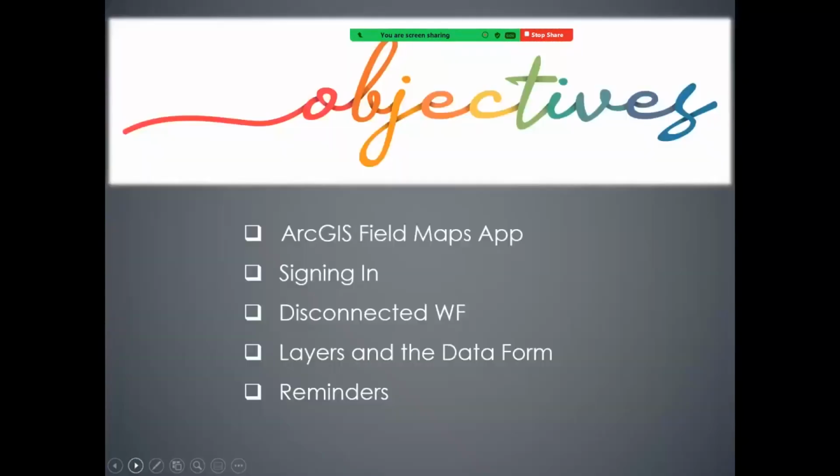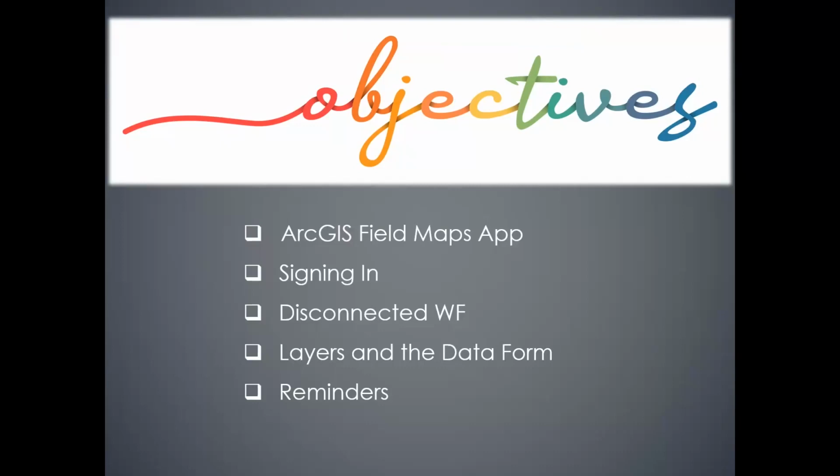So what we'll talk about today, we've got some objectives here lined up, and I always try to cover this in all of our trainings. We're going to talk a little bit about that Field Maps application, especially signing in, what that looks like, because that can be tricky. We also have 2 maps for each application.